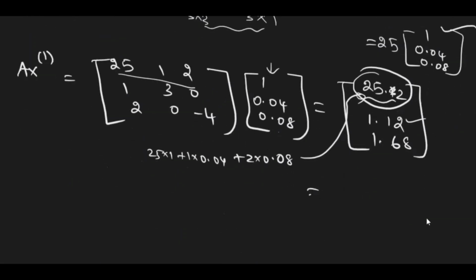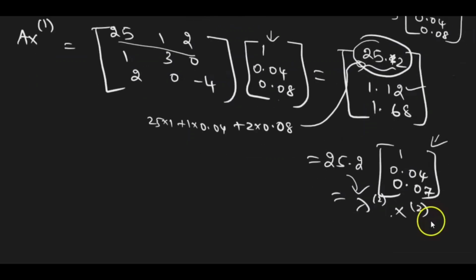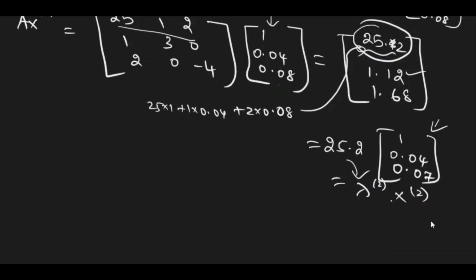If you take 25.2 common, the first is 1, the second is 1.12 by 25.2, which is 0.04, then 1.68 by 25.2, which is 0.07. Initially the eigenvalue was 25, now it's 25.2. We'll repeat the iteration process until we get the same eigenvalue and eigenvector.